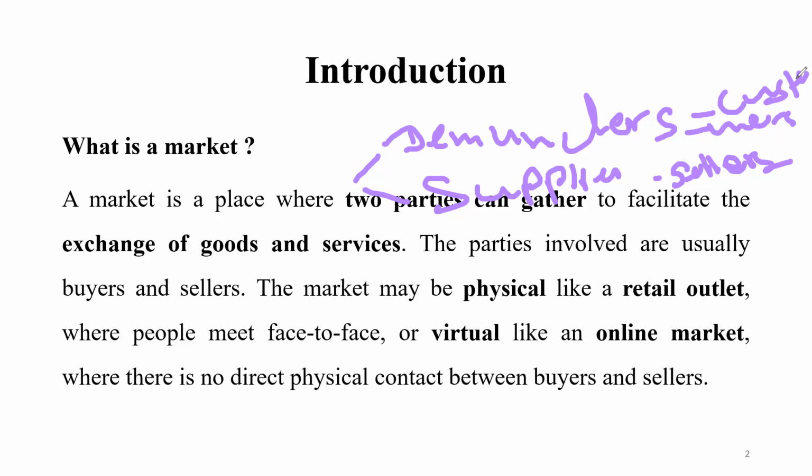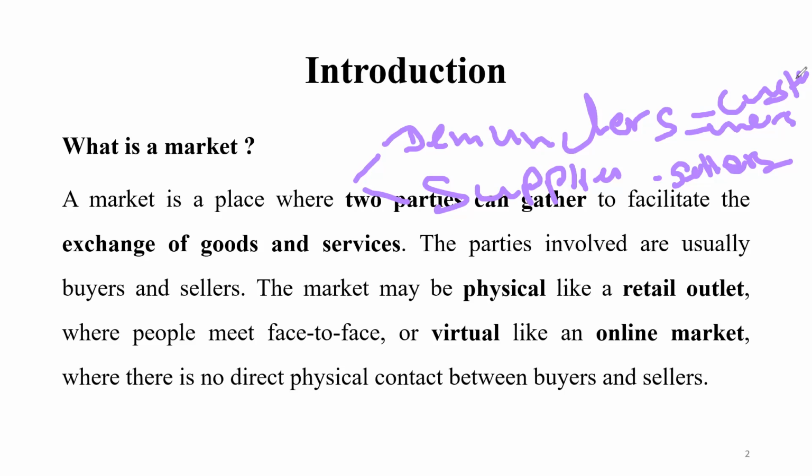They agree on whatever price is determined in the market, and at that price, they wish to purchase and sell. So the parties involved are usually buyers and sellers, or demanders and suppliers, or customers and sellers.